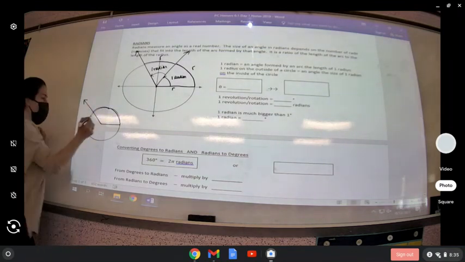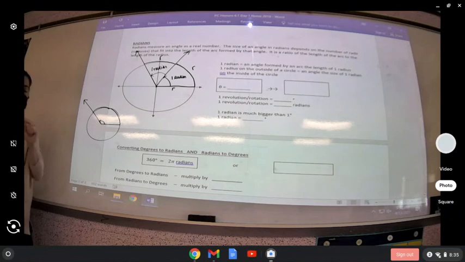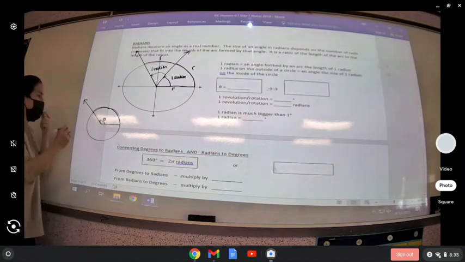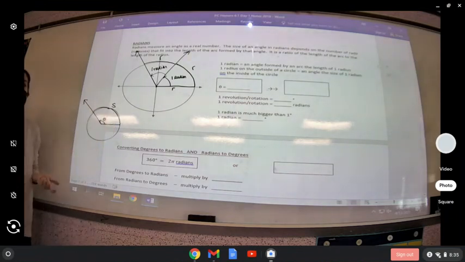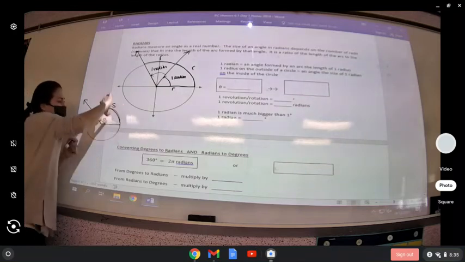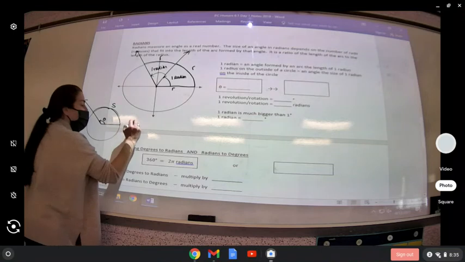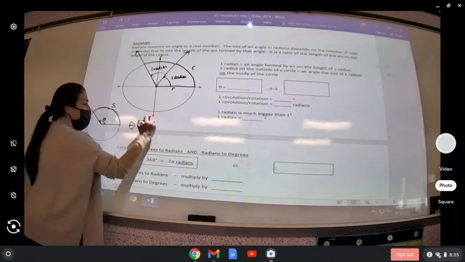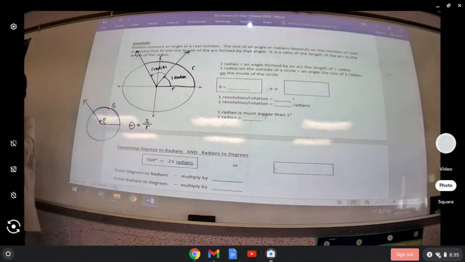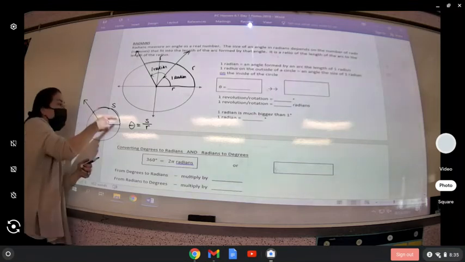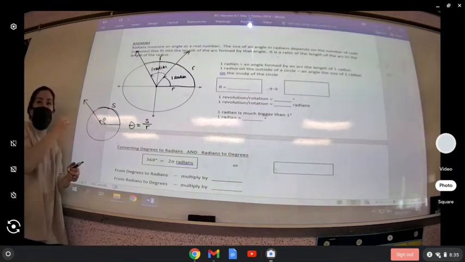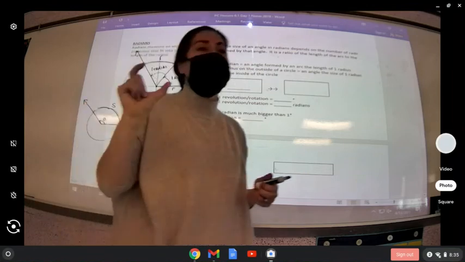That angle measurement in radians is the length of the arc and then how many of these radii fit into the length of that arc. So this angle will equal the arc S divided by the radius. How many radii fit into the length of that arc? And that's how you measure an angle in radians.